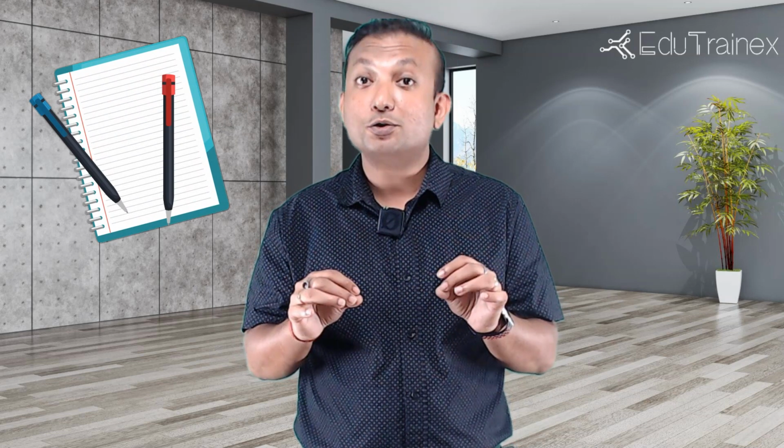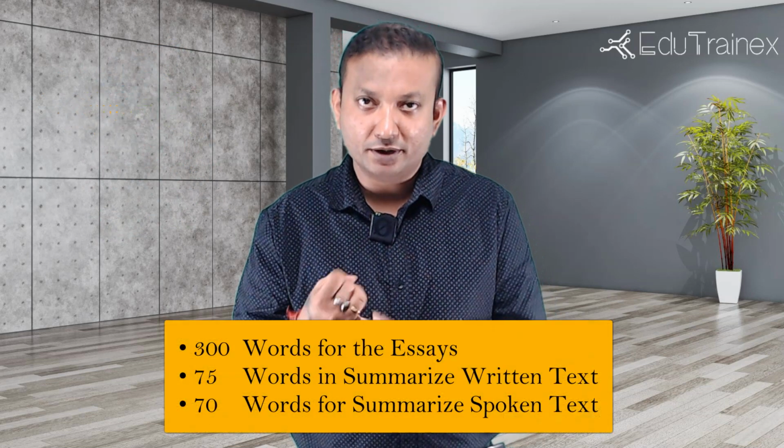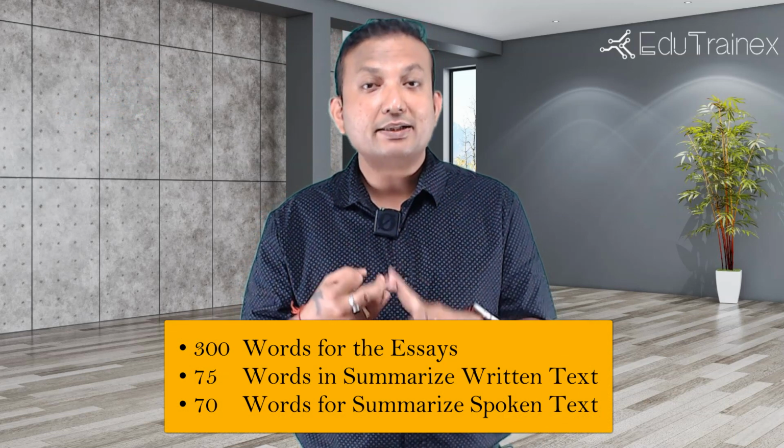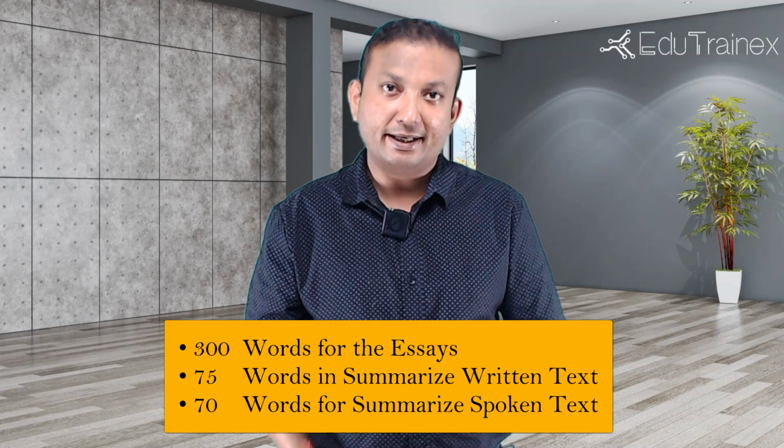Another myth that almost every one of you believes is that you have to write close to the maximum word count limit given to you in the writing questions. You think that you need to write around 300 words for essay, 75 words for summarized written text, and 70 words for summarized spoken text. Who told you that?